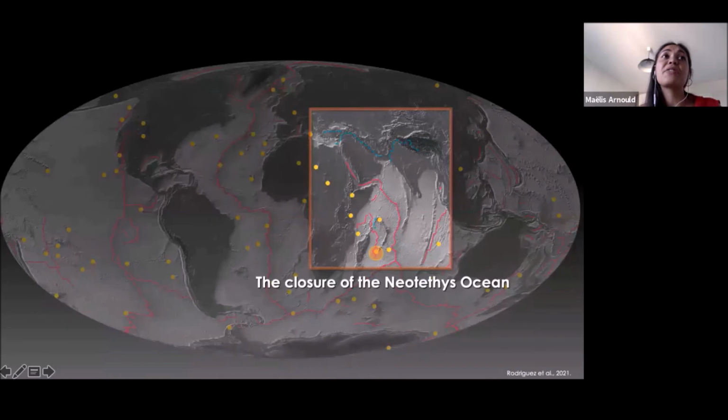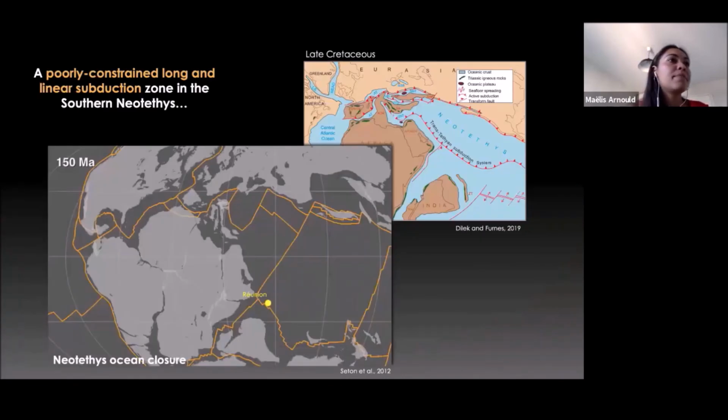So we'll focus here on this region and see how we can relate mantle plumes and the geodynamics of the closure of the Neo-Tethys Ocean, which was lying between India and Eurasia. So if we come back to the Neo-Tethys closure, what we can see is that it's probably associated with the activity of a quite long intraoceanic subduction, which is called the South Neo-Tethys subduction.